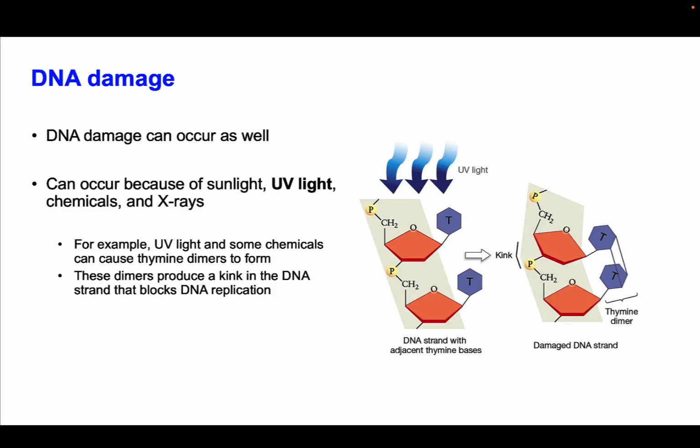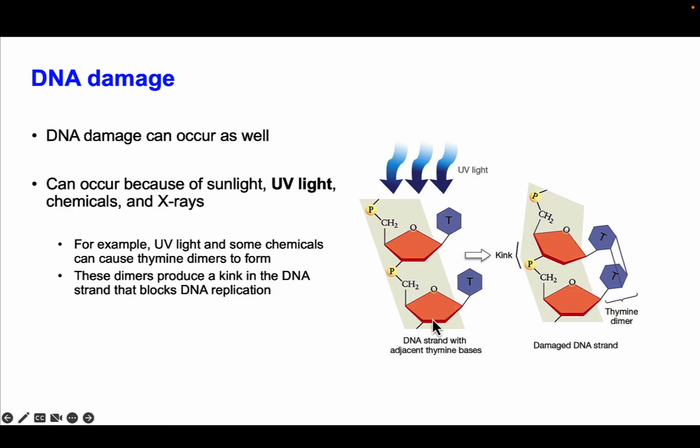What we're going to talk about next is DNA damage that occurs outside of the replication process. DNA can be damaged throughout our lives due to sunlight, UV light, chemicals, and X-rays, and we're going to talk about DNA damage that typically occurs with UV light. UV light and some kinds of chemicals can actually cross-link thymine bases.